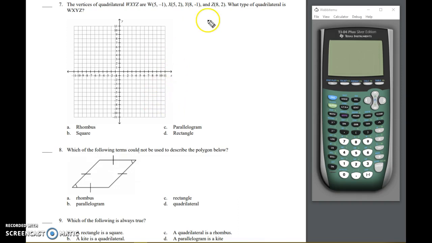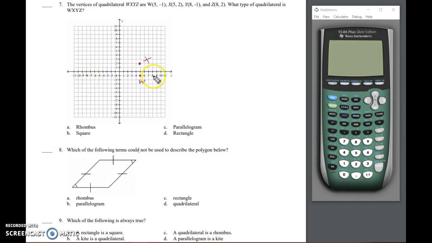Well, let's graph it. So I have coordinate (5, -1). That's going to be right here, and that is W. (5, 2). There is X. (8, -1).